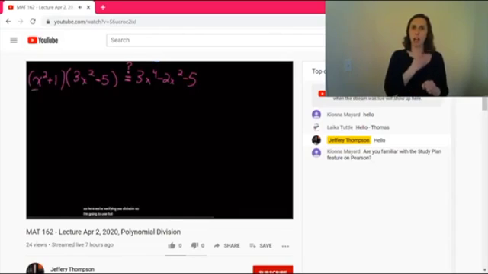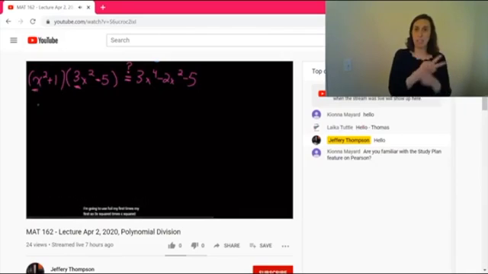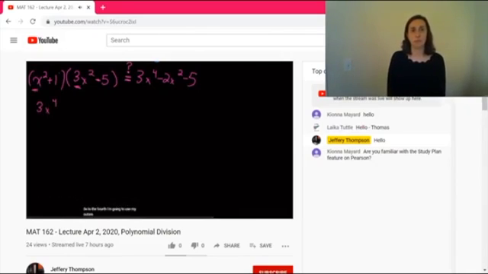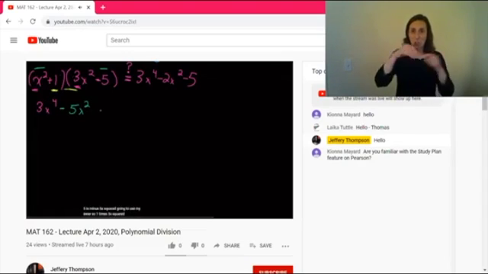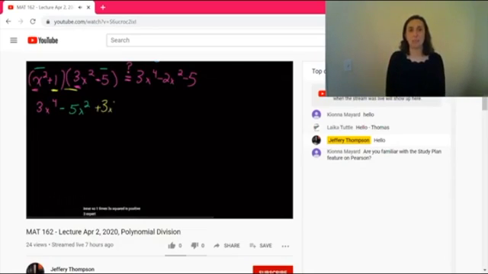So I'm going to use FOIL, my first times my first. So 3x squared times x squared is 3x to the fourth. I'm going to use my outers. So x squared times minus 5 is minus 5x squared. I'm going to use my inners. So 1 times 3x squared is positive 3x squared. And I'm going to use my lasts.